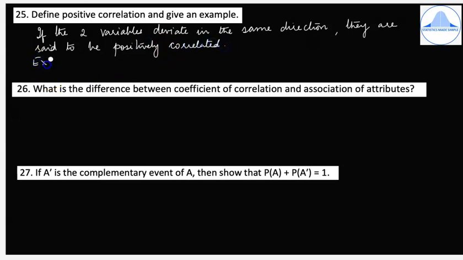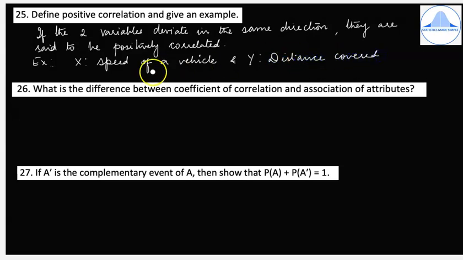Example, X can denote the speed of a vehicle and Y can denote distance covered. So here we observe that as the speed of the vehicle increases, even the distance covered increases, or if the speed of the vehicle decreases, then the distance covered also decreases. So here you'll see that both the variables are deviating in the same direction. So we conclude that X and Y are positively correlated.